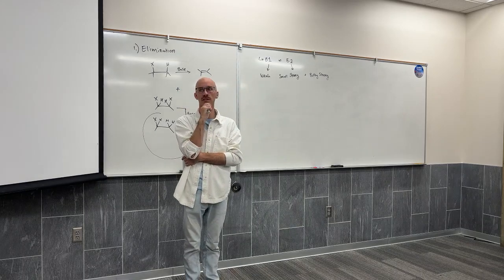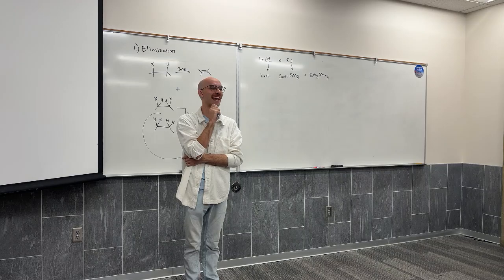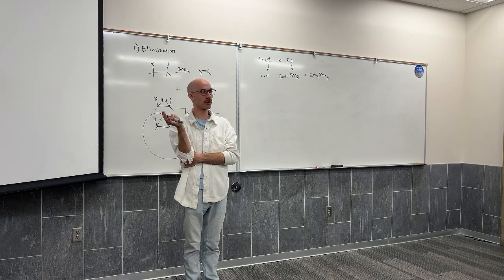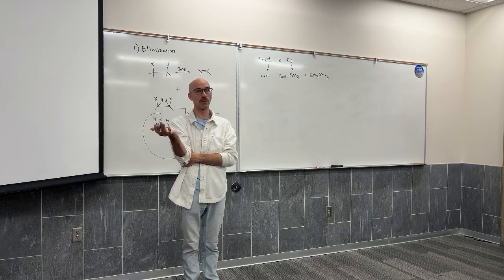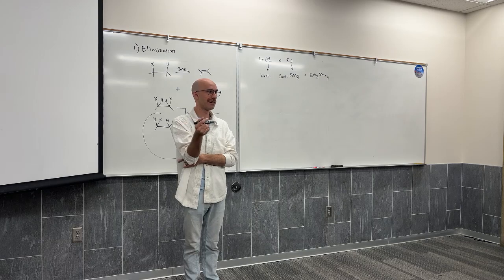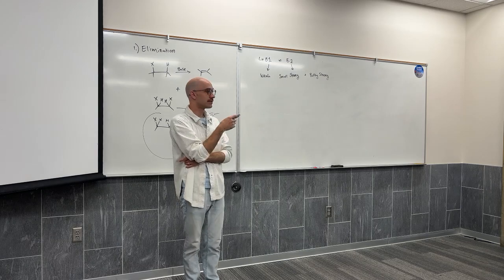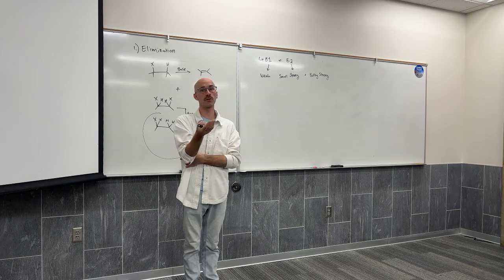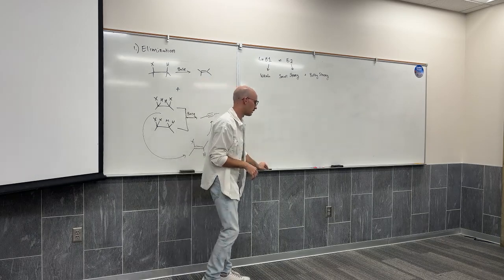Or whose name do we use to describe the most stable product? Zaitsev. So similar to Markovnikov, where the most stable carbocation intermediate forms, here, Zaitsev says the most stable alkene forms, which is the most substituted alkene.